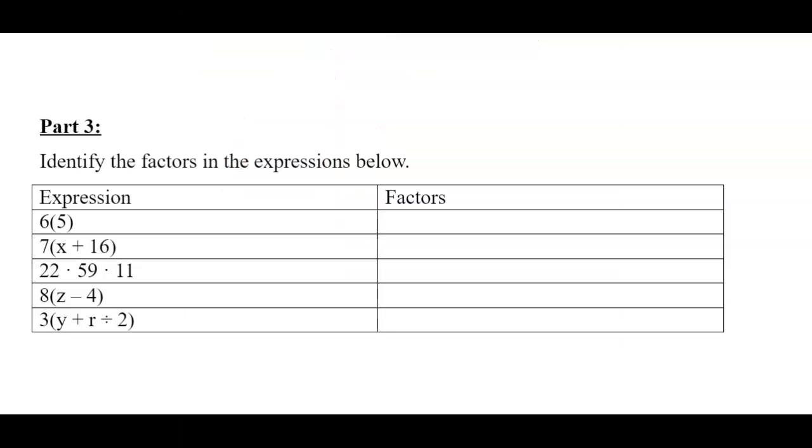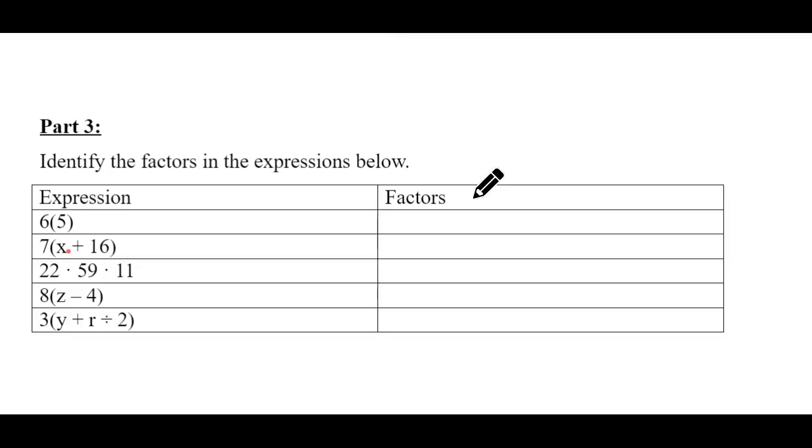Okay, we're going to move on to the last part, which is part 3. We're going to identify the factors in the expression below. So in the expression, we have 6, parentheses mean multiply, so this is 6 times 5. This would also be a numerical expression because it has just numbers and operations. So we're looking for the factors.